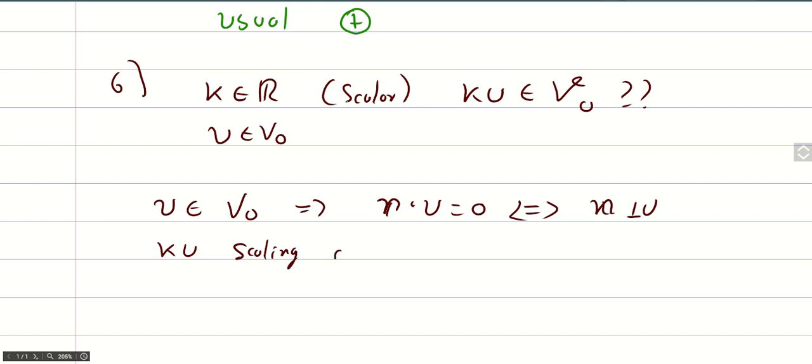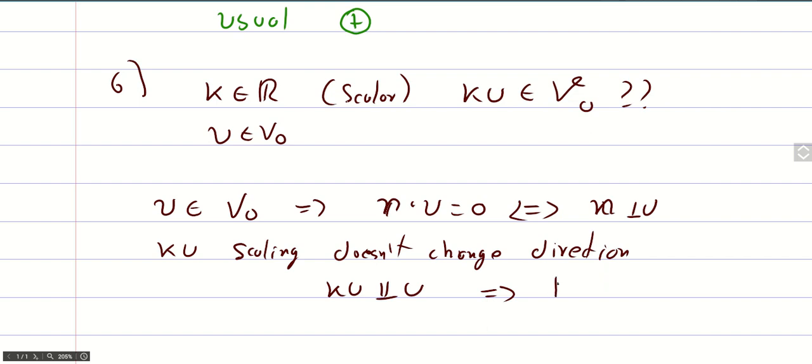That means that it doesn't change the direction. It only makes the vector bigger or smaller. So ku is parallel to u.